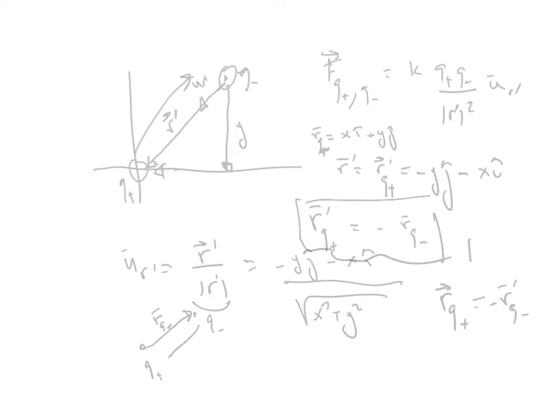Sorry, this is the vector R prime Q minus. So this is the equation. I'm sorry about this. I made a mistake.